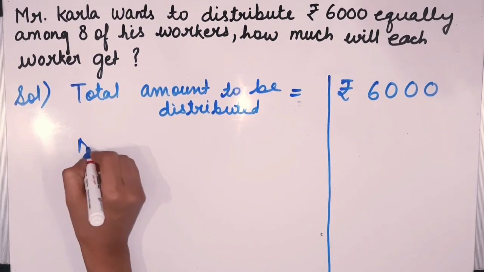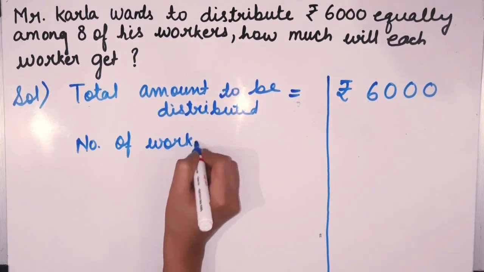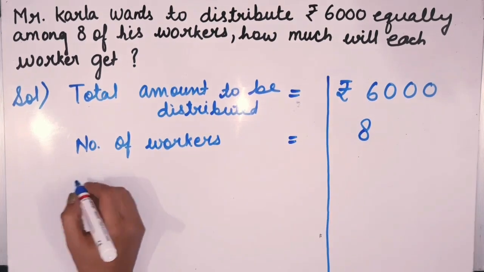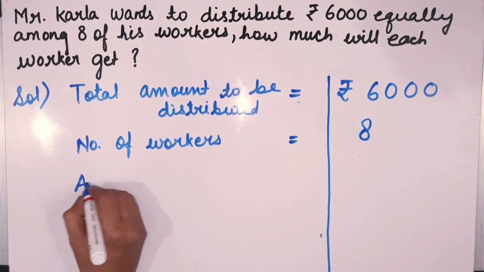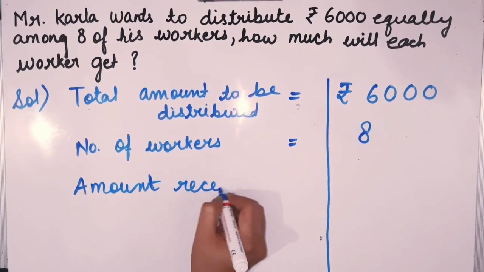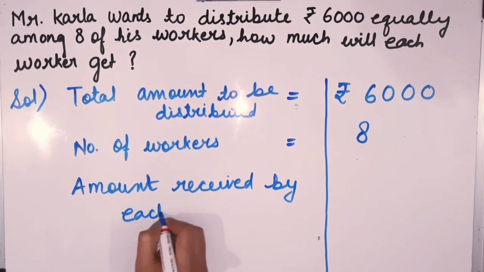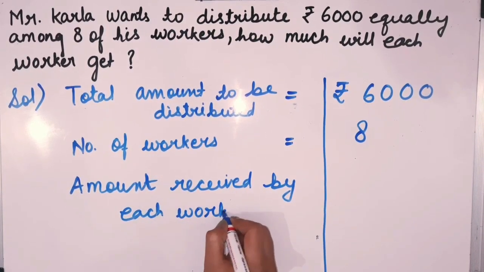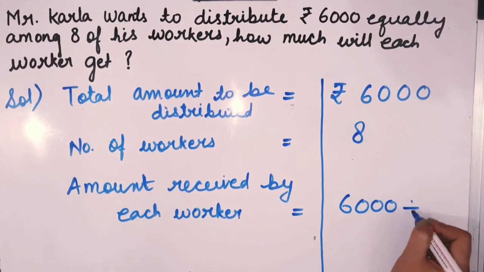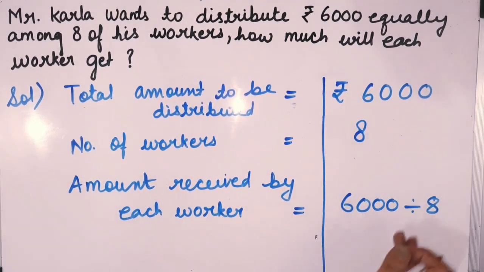Then you will write the next statement, number of workers is equal to 8. Then amount received by each worker is equal to 6,000 divided by 8. So now you will show the division of 6,000 and 8.